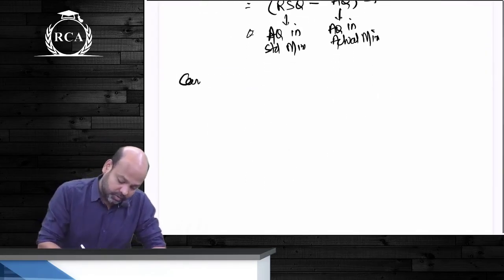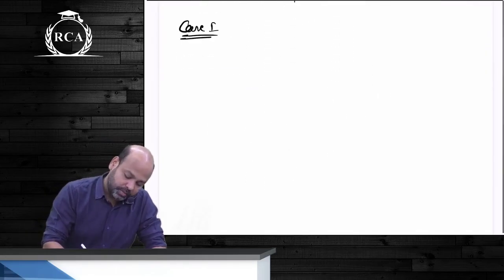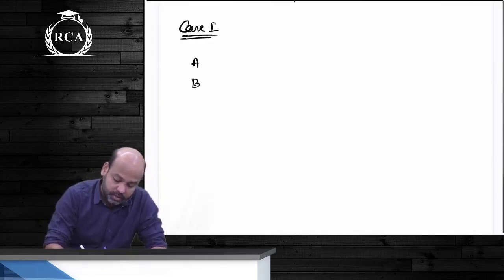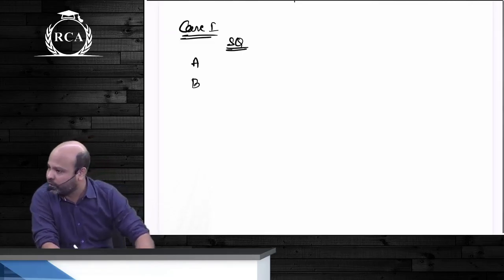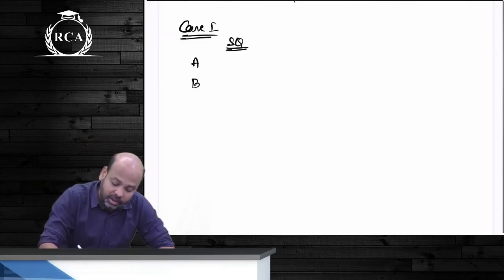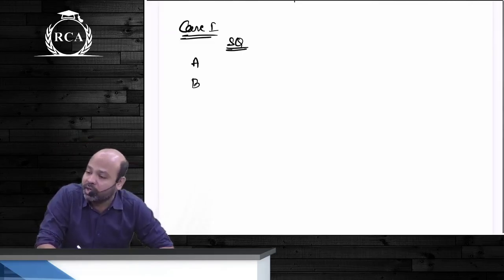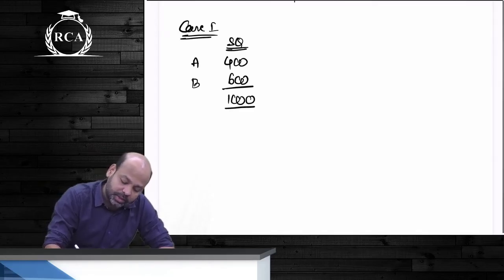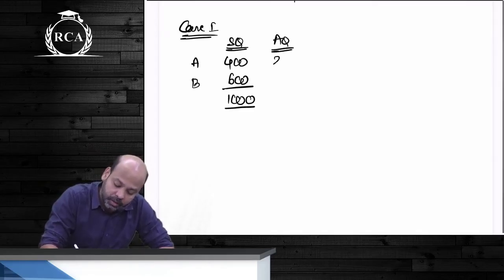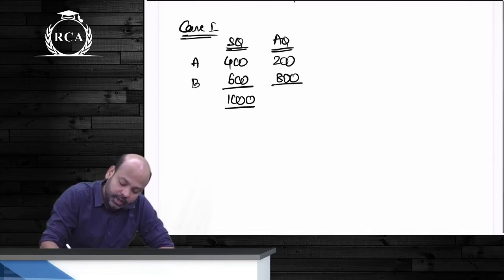Talking about case 1. In case 1, guys, standard quantity. By default, when I just write SQ, guys, it's always SQ for AO. All right. So how much is standard quantity, beta? Common in all is 400 and 600, total 1000. How much is AQ, beta? In the first case, 200 and 800.